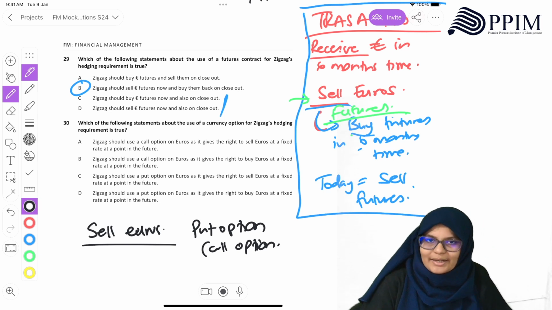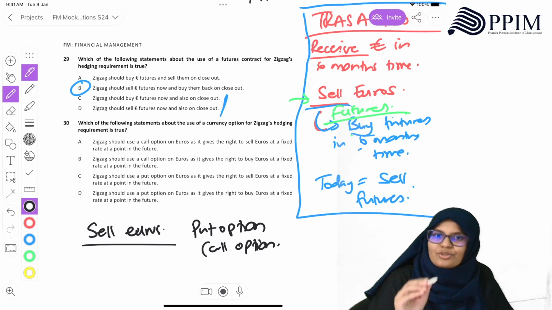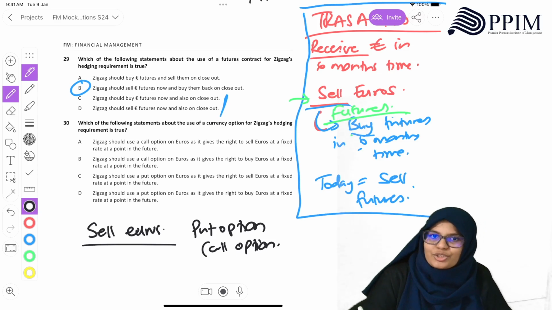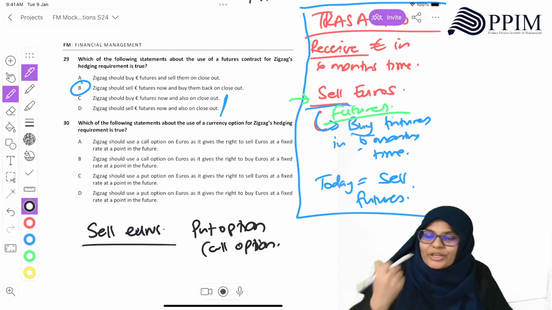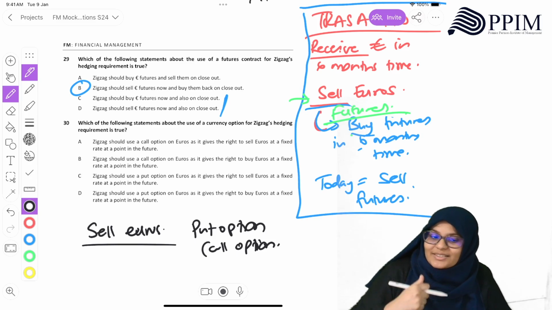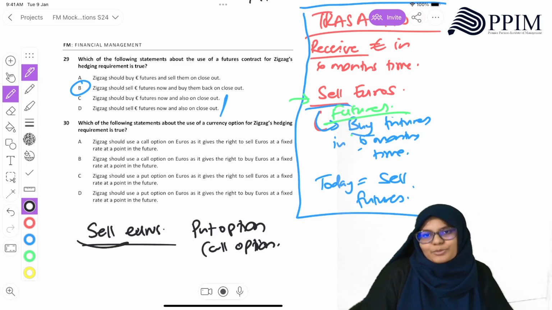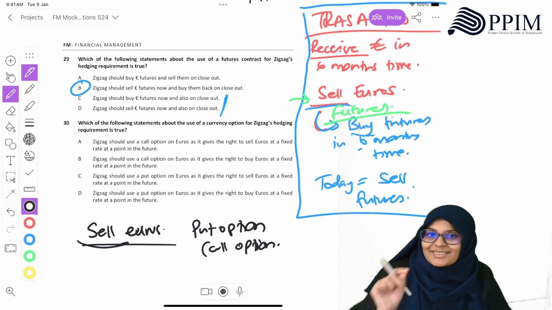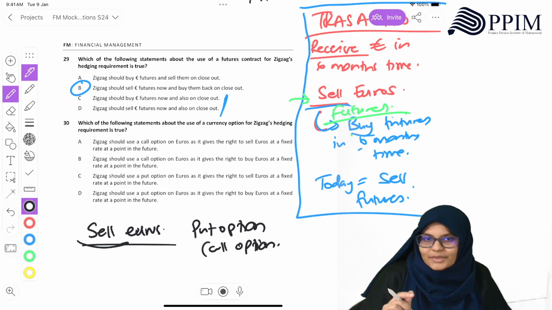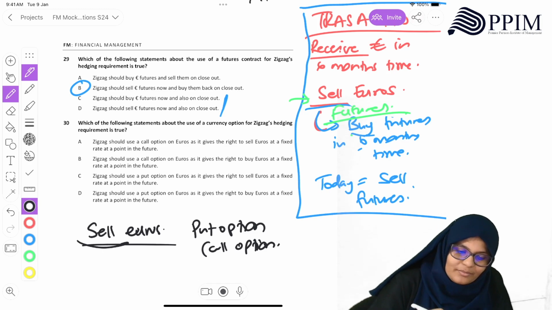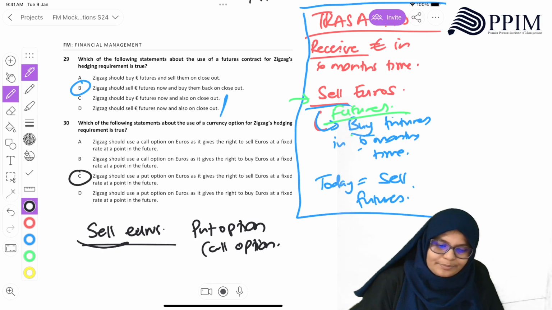That seems to be correct. Because we have 500,000 euros, we want to sell it at a future date. If we can fix the rate today itself, that's good for us. Which option will give us the right to fix a rate to sell? A put option, because a put option is the right to sell. Okay, so here the answer should be C.